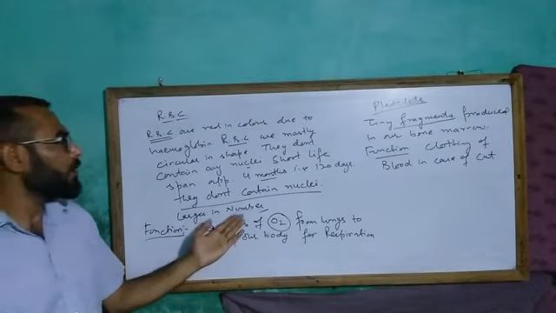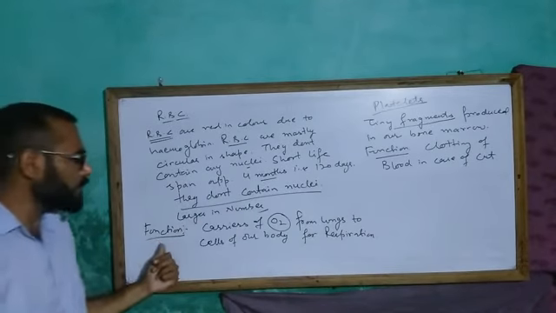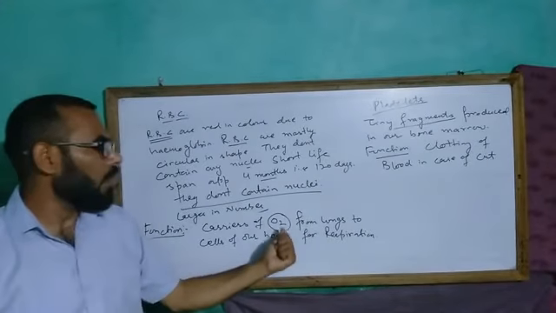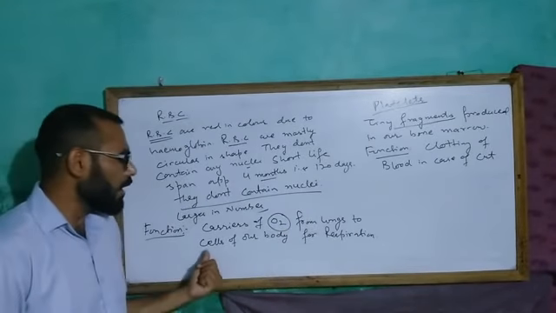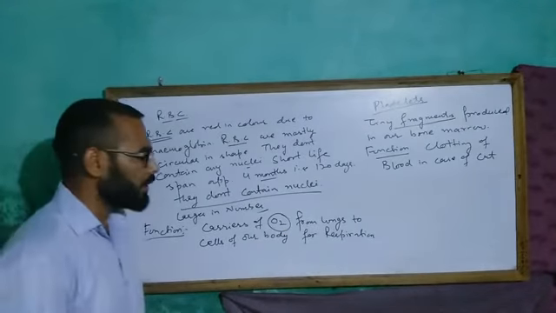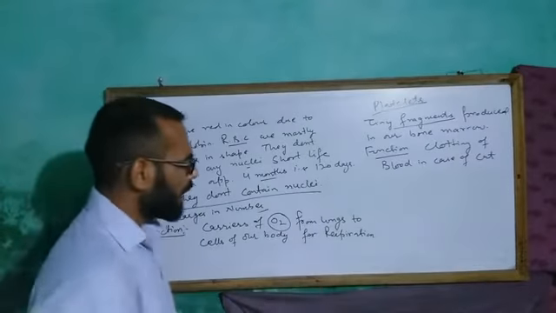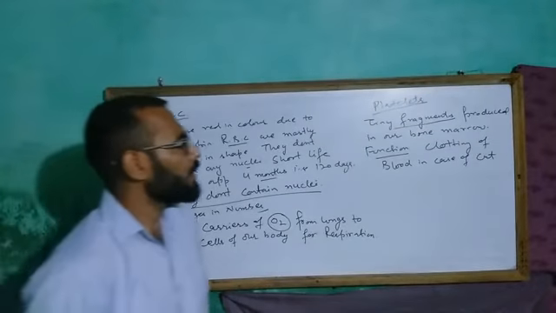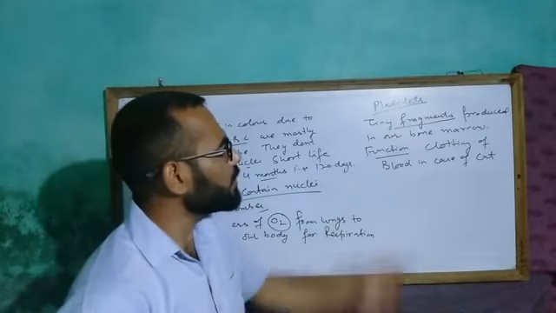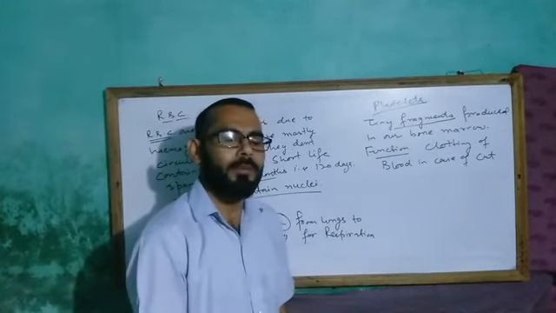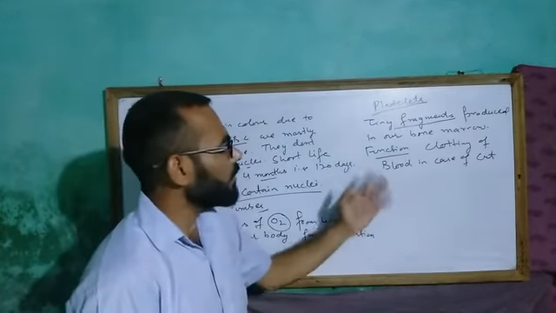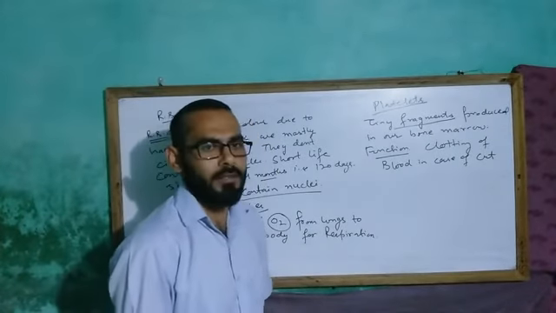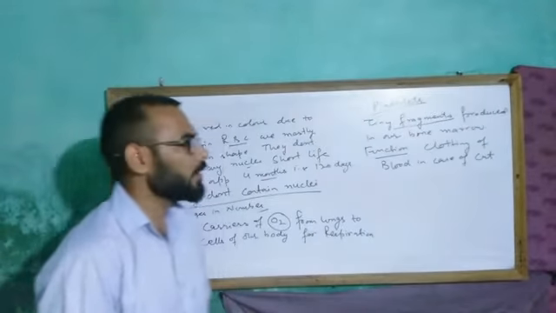These are larger in number in blood, and the function of RBC is that these are the carrier of oxygen from lungs to other cells of our body for respiration. And respiration is the oxidation of food to get energy. And the fourth component is platelets. These are the tiny fragments produced in our bone marrow. And the function of platelet is clotting of blood in case of cut or any wound.